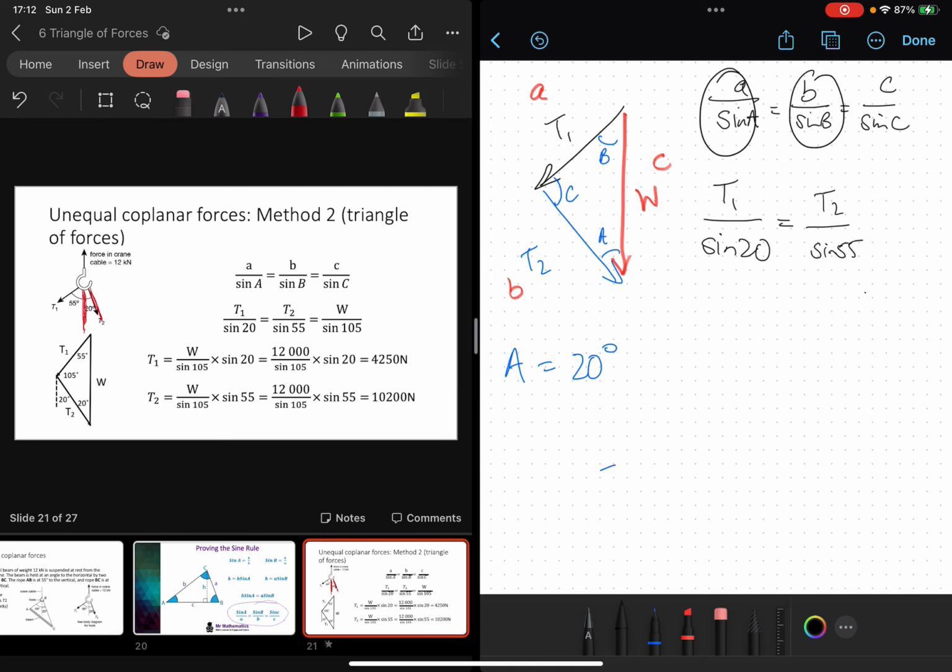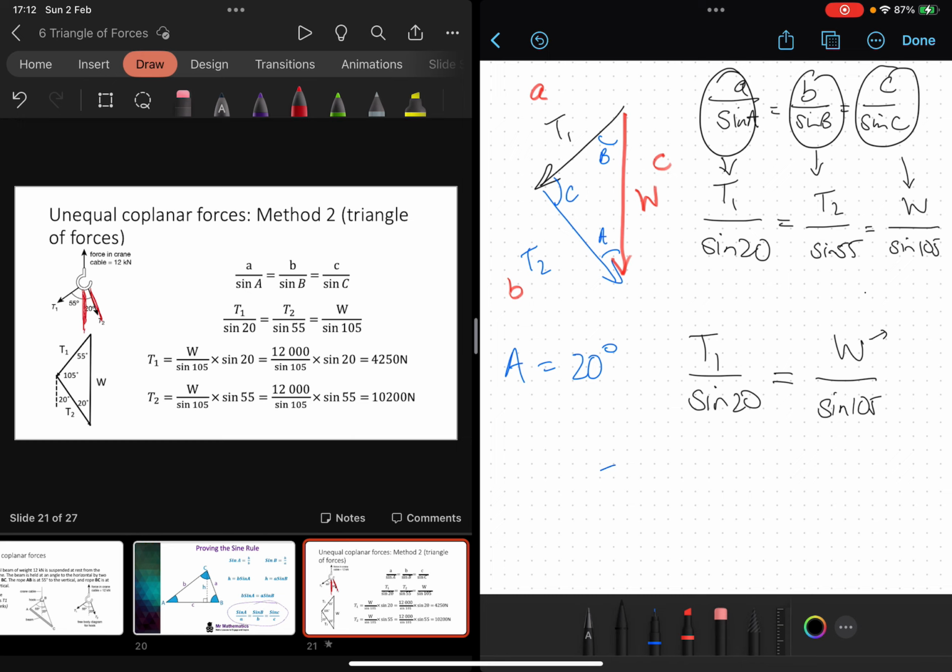So that's equivalent to that term there. And side C is equal to the weight, divided by sine 105 degrees. So in other words, T1 over sine 20 is equal to weight over the sine of 105 degrees.